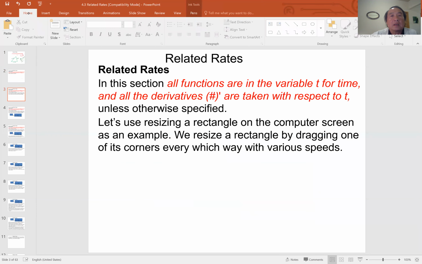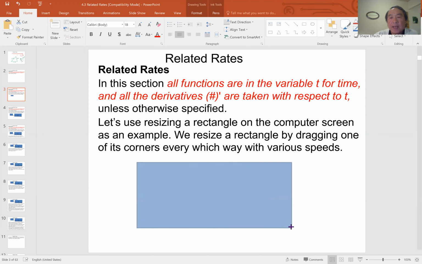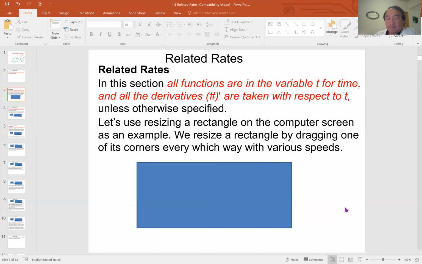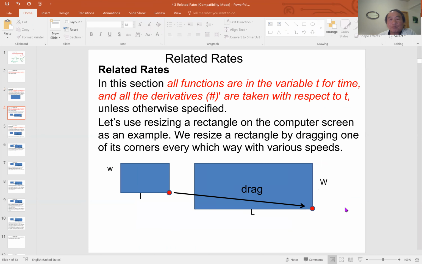Suppose I take, in PowerPoint, a rectangle. It has length and width, and I'm going to drag the rectangle to elongate it, and the length and width change as I drag it in terms of time t. The relationship in these pictures that doesn't change is that the area is always the length times the width at that instance.